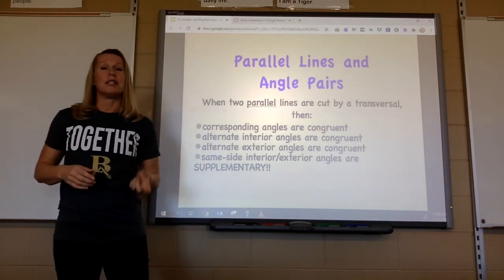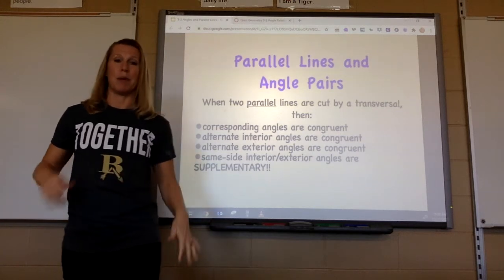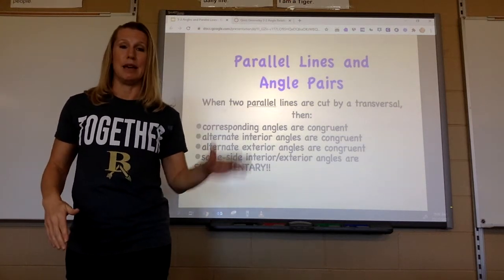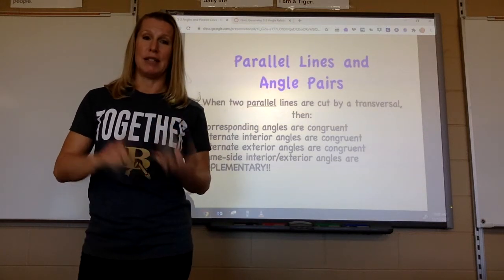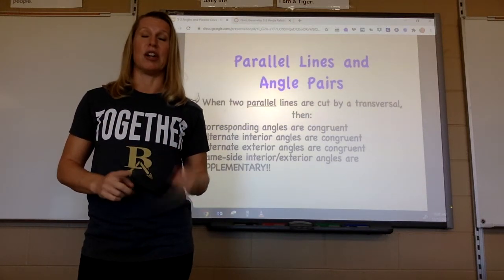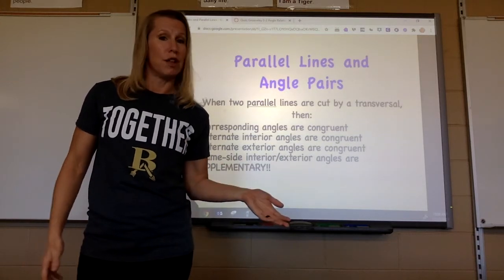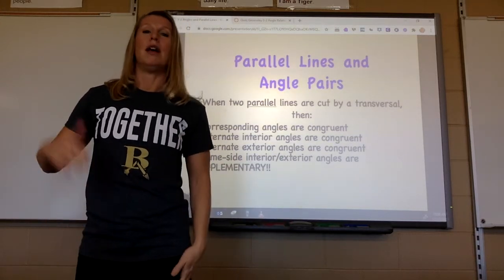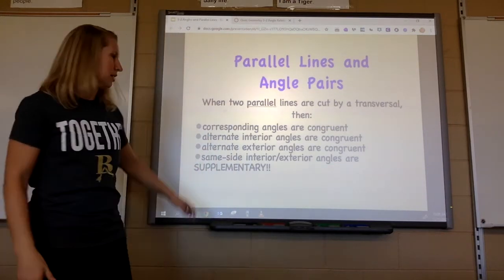The kind that are supplementary are the same side. So I remember they all start with an S. Same side supplementary. So same side interior and same side exterior add to 180 degrees. Now don't forget vertical angles are always congruent to each other, but a linear pair always adds to 180 degrees.